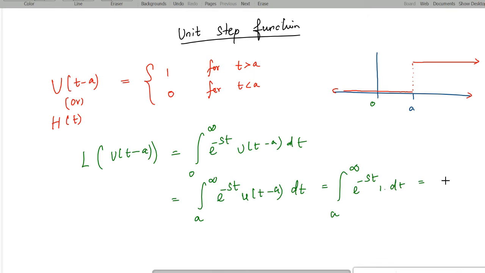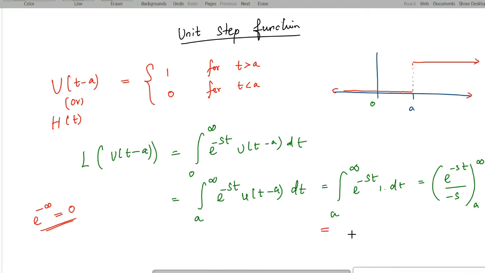After the integration you get e power minus st divided by minus s, from a to infinity. We know that e power minus infinity is equal to 0, so I am going to apply that value.